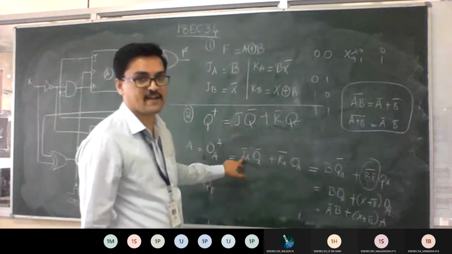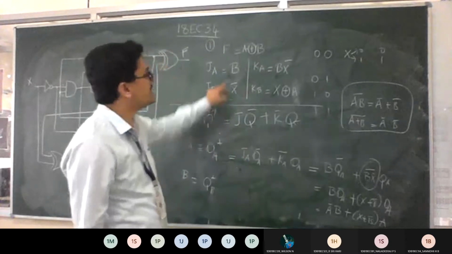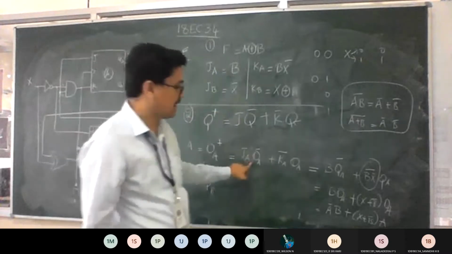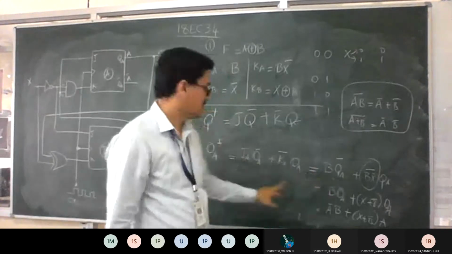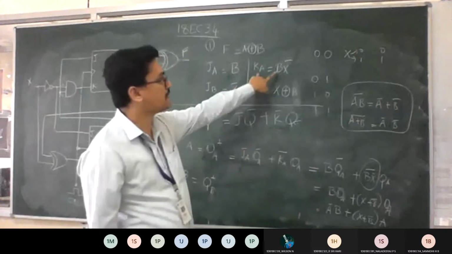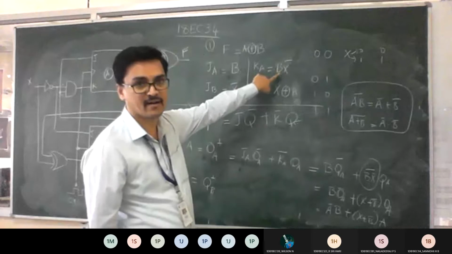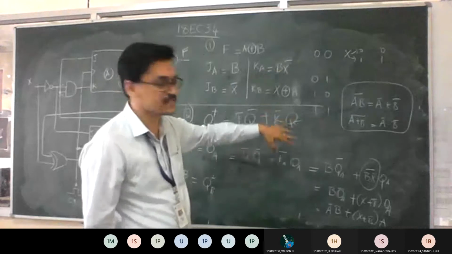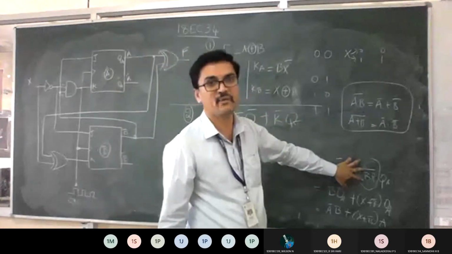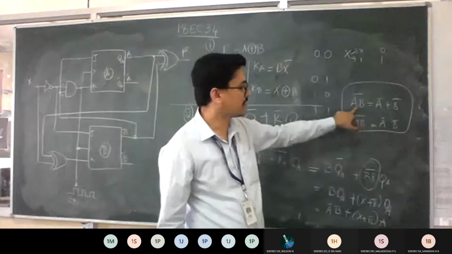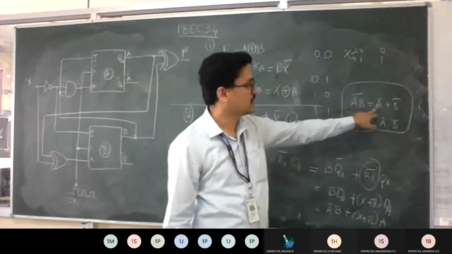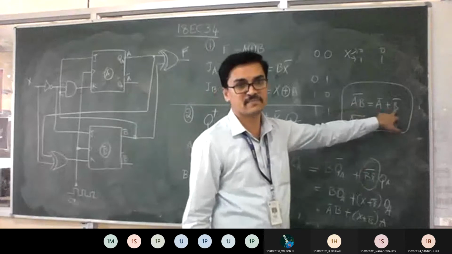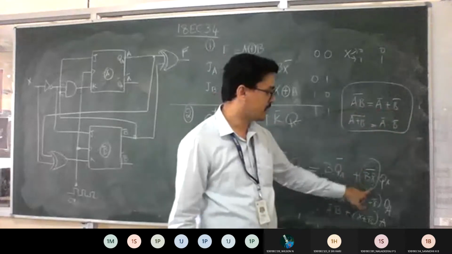Then we know what is the value of JA. JA is equal to B. I have substituted B, then QA bar as it is I kept. What is K? The value of K is the whole bar, so it looked like De Morgan's theorem. Apply De Morgan's theorem rule. So it says B bar plus A bar plus B bar. So now I can treat it as A bar plus B bar.